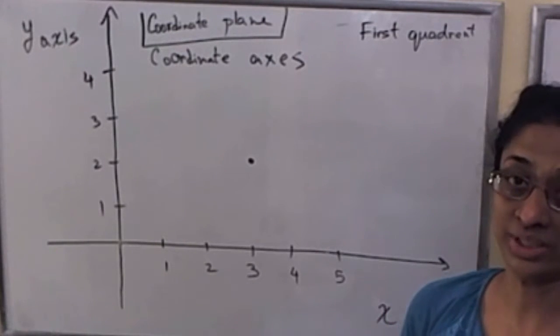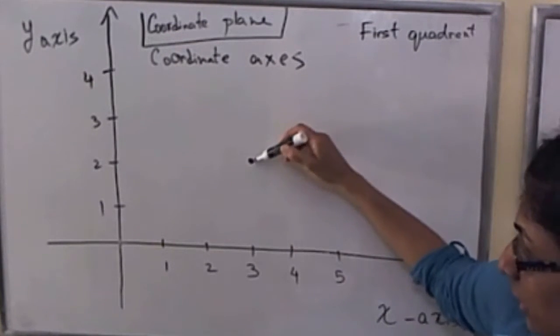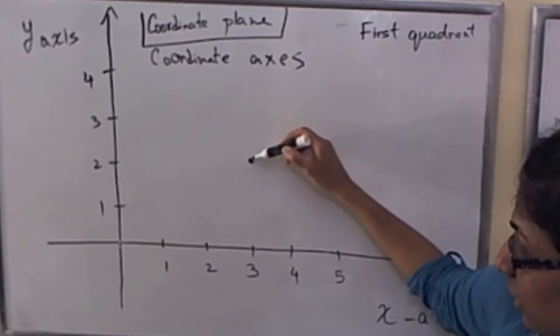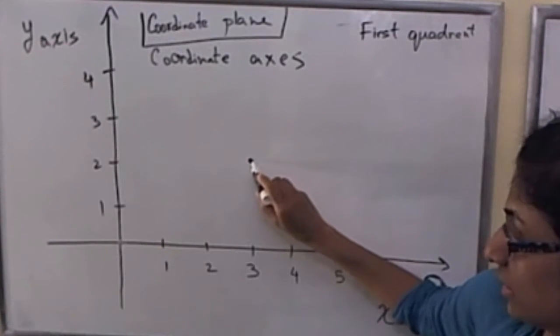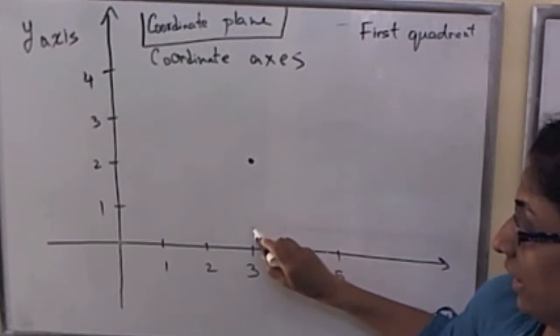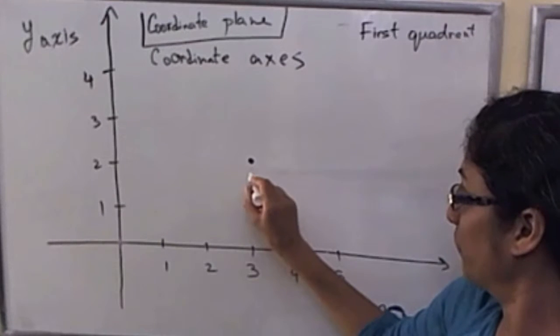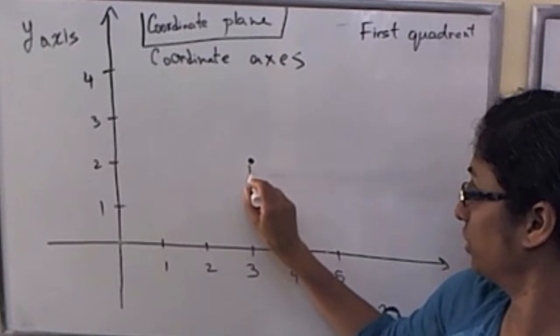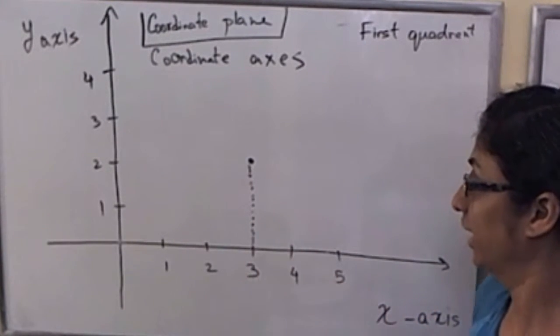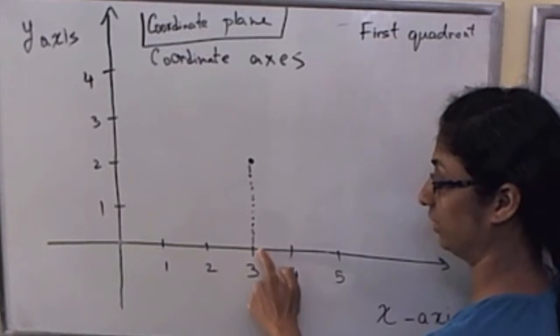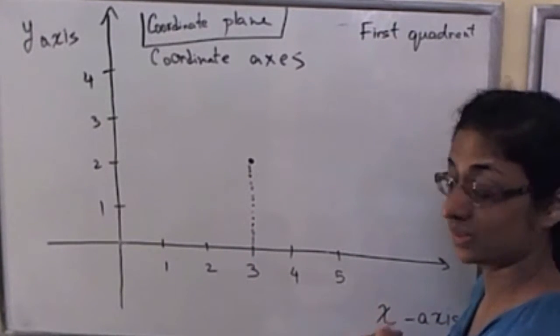And here's how we name it. We look at this point and we draw a vertical line. By a vertical line, I mean a line that's parallel to the y-axis. So I draw a vertical line and I'll put a dotted line here for you, and make that line intersect the x-axis.